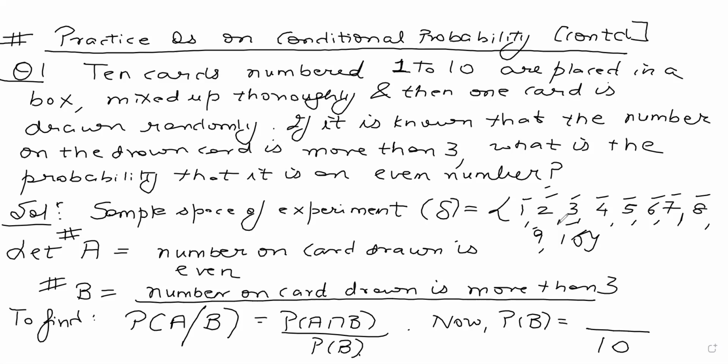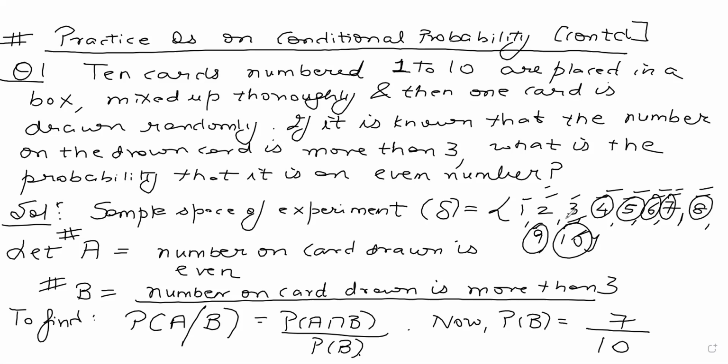Because all of us know probability of any event is the favorable number of outcomes divided by total number of outcomes. Favorable outcomes: more than 3 means 4, 5, 6, 7, 8, 9, 10. So how many possibilities? 1, 2, 3, 4, 5, 6, 7. So 7 by 10 is my probability of B.